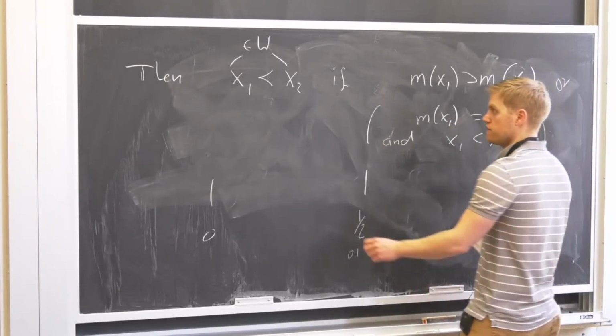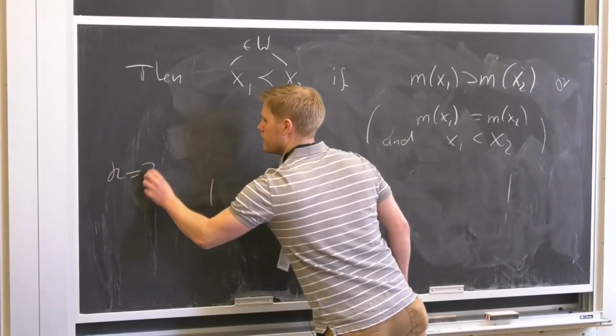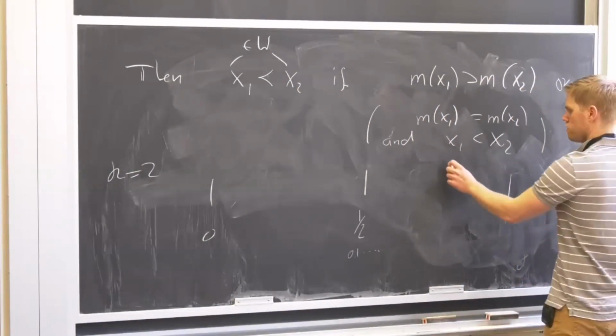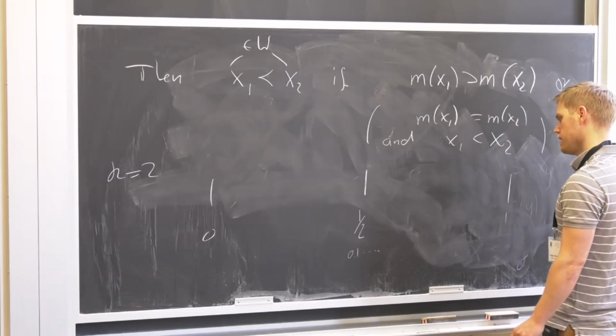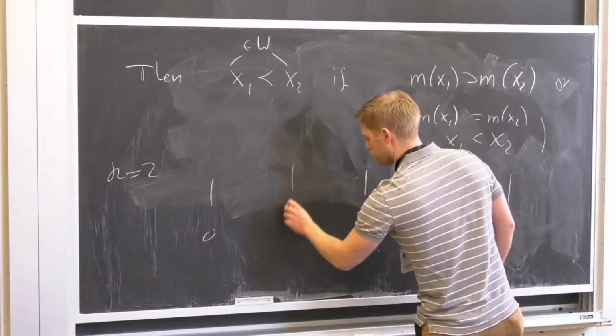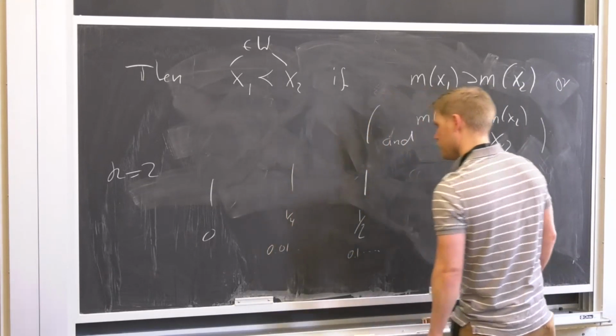Then the next one here, let's look at k equals 2. Then the next two binary digits, there was 1/4. That should be 0, 0, 1.